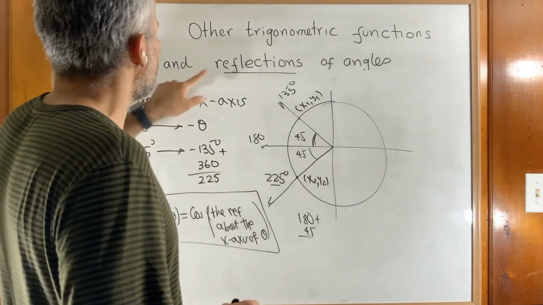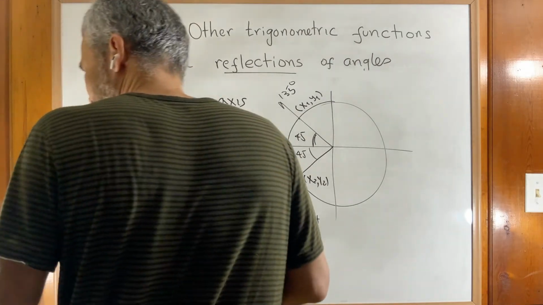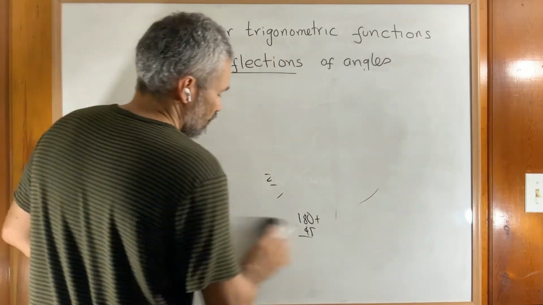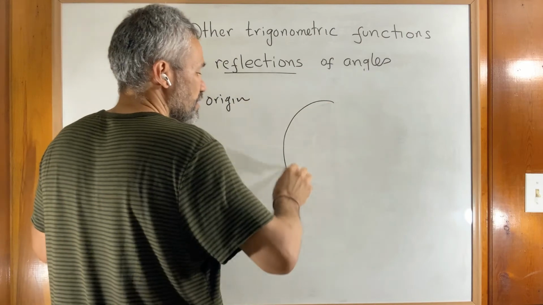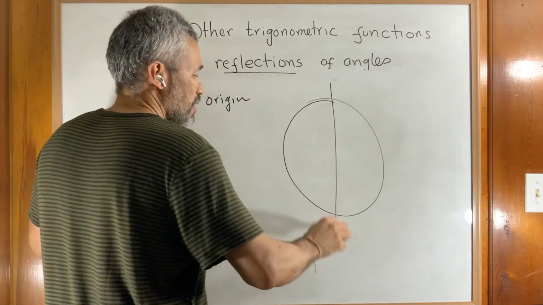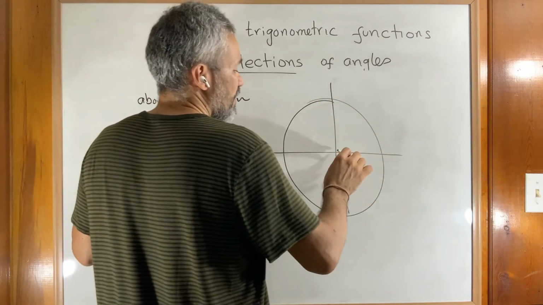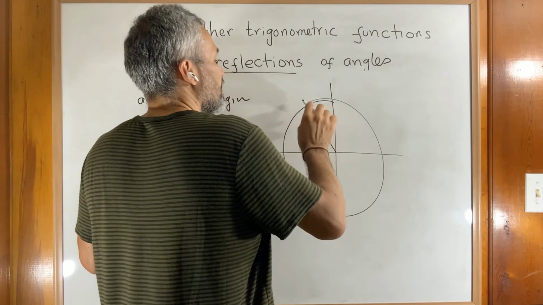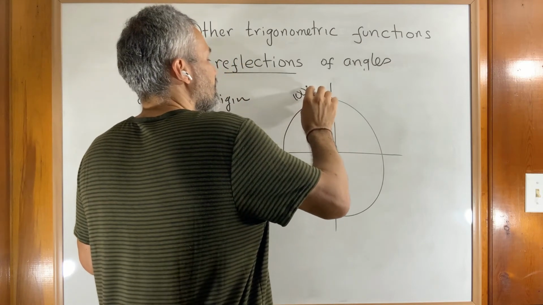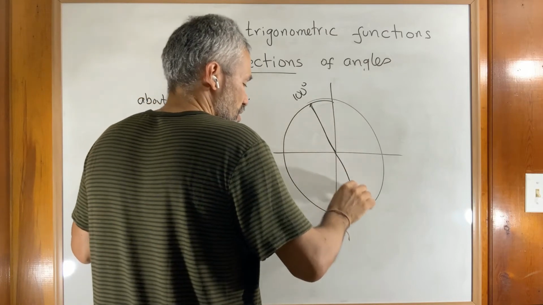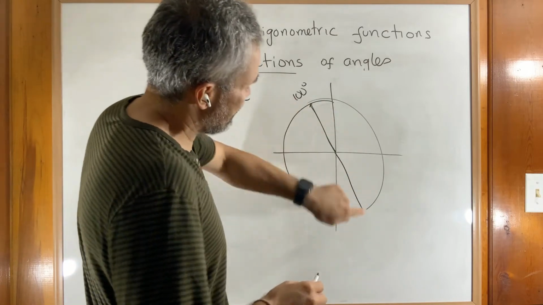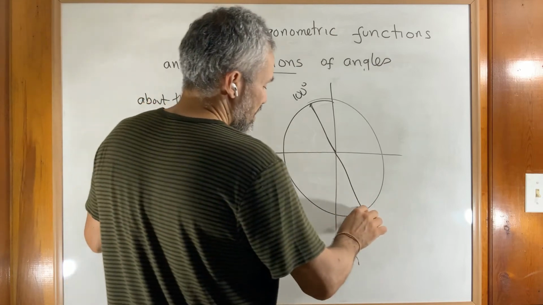Finally, let's do the reflection about the origin. If we have an angle here, let's say 100 degrees, then the reflection about the origin is just, you flip this about the origin, and then you get this angle.